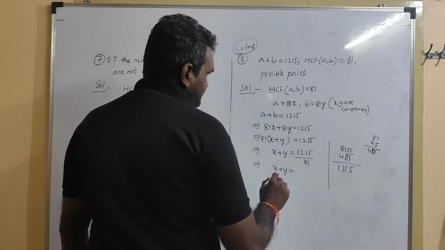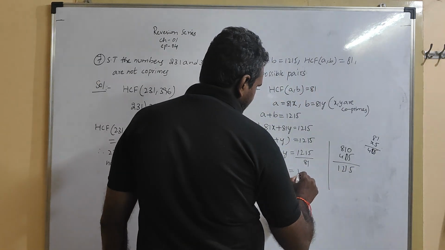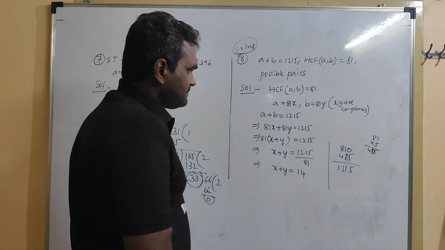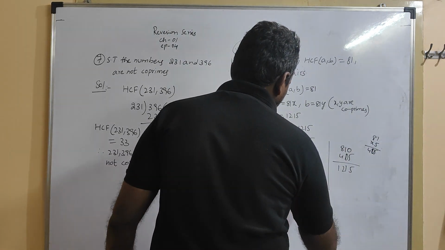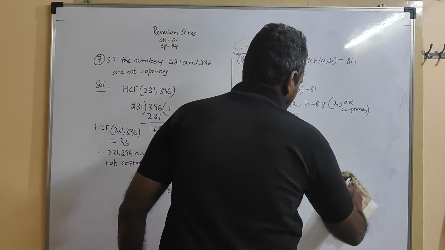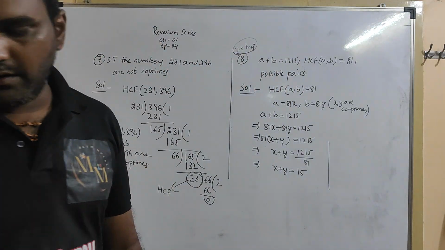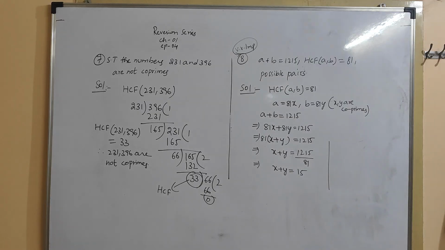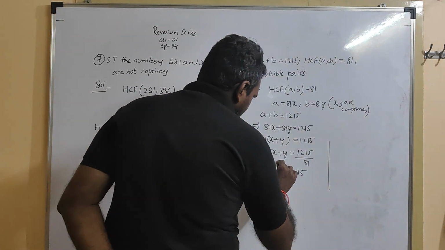So see, 81 15s, you check, you will be getting the answer. 81 15s is 1215. If you want, you multiply and check. So x plus y I got as 15.